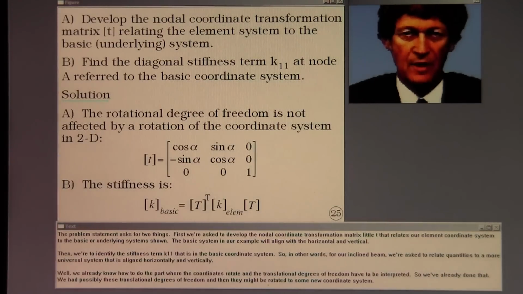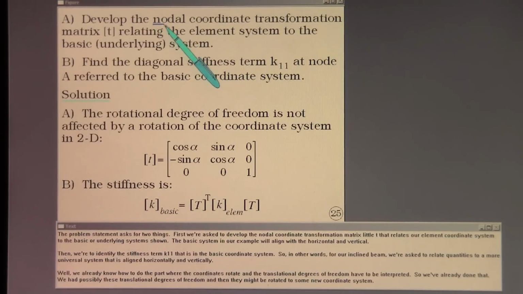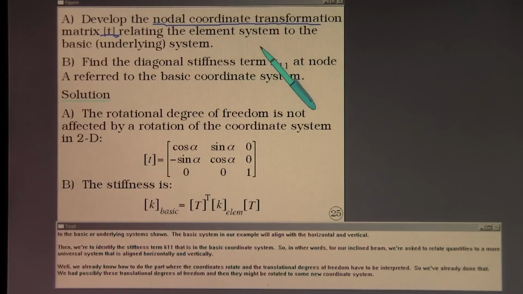The problem statement asks for 2 things. First, we're asked to develop the nodal coordinate transformation matrix, little t, that relates our element coordinate system to the basic or underlying system shown. The basic system in our example will align with the horizontal and vertical.